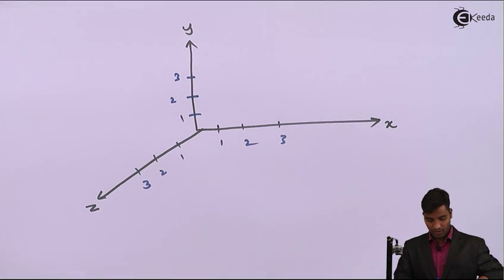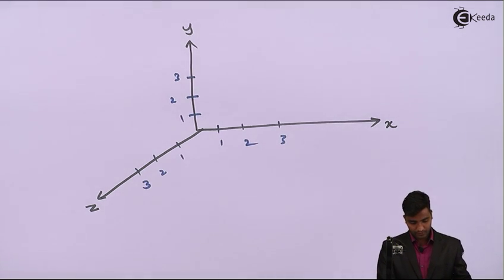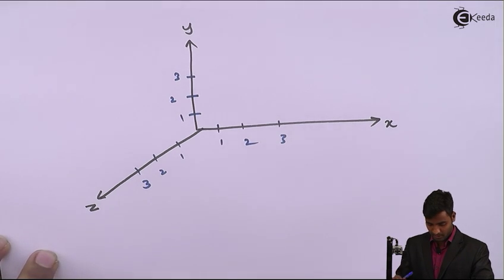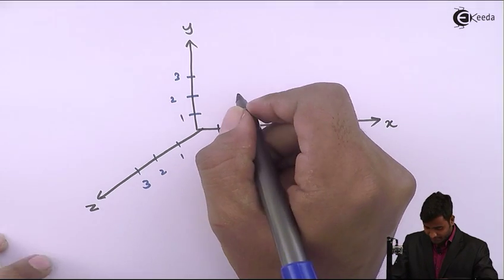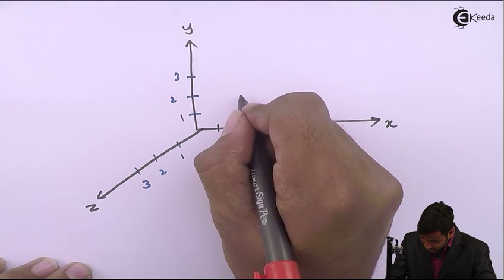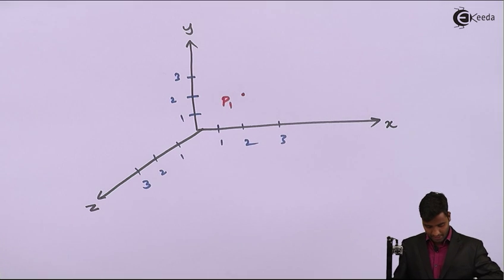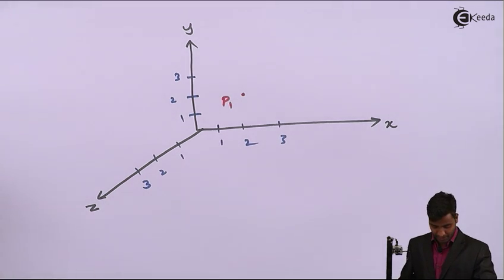So for the first pixel, the value of x is 2 and the value of y is 2. So it will come somewhere here. So P1 will be here. And for the second pixel u2, that is 1 by 4, the value of x is 2.156.